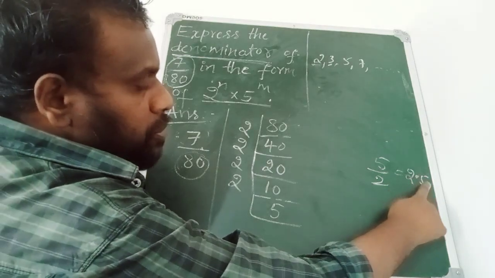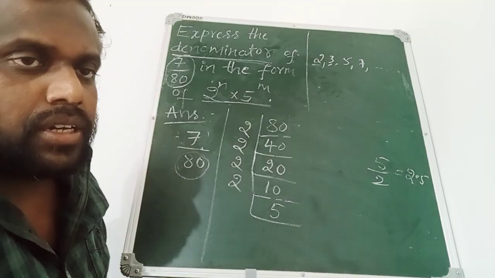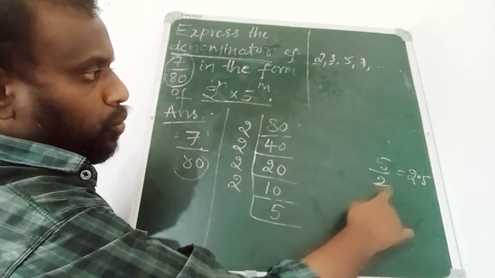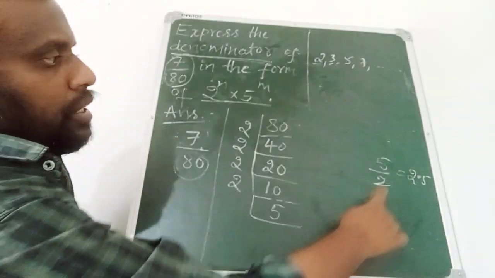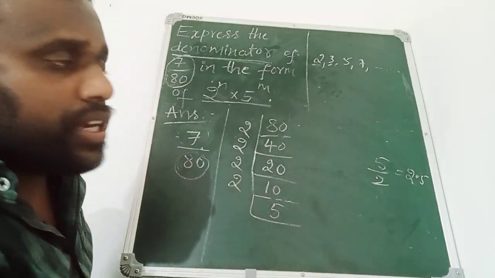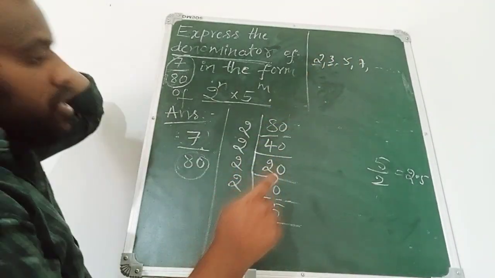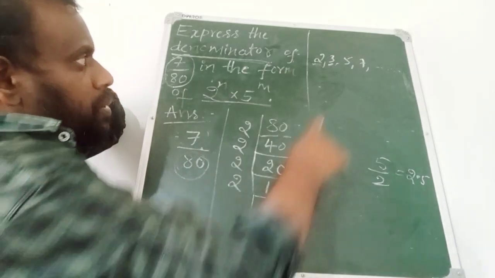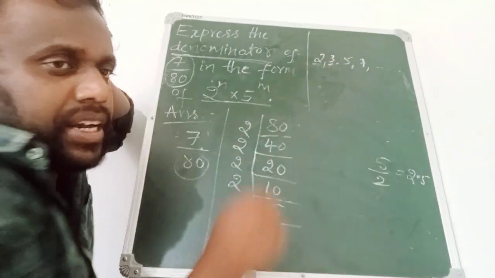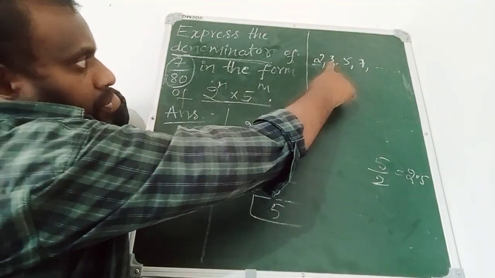We should get whole numbers like 1, 2, 3, 4, 5, not any decimal number. So next we consider the next prime number, 3. Check whether 5 is completely divisible by 3 or not. No. If we divide 5 by 3, we get a decimal number. So 5 is not completely divisible by 3.